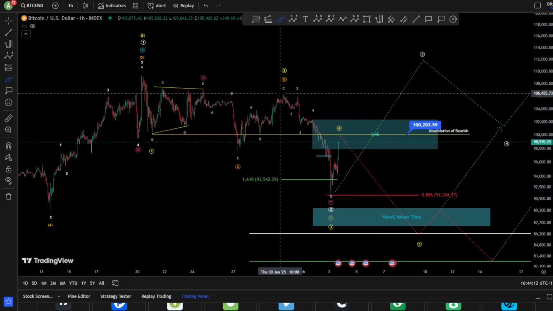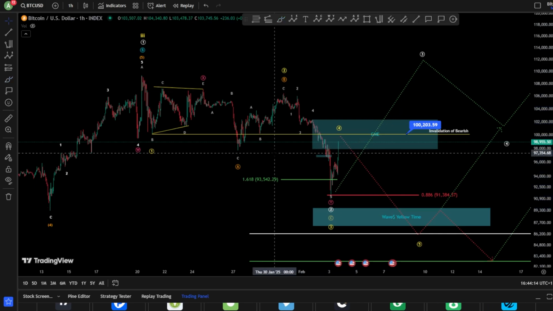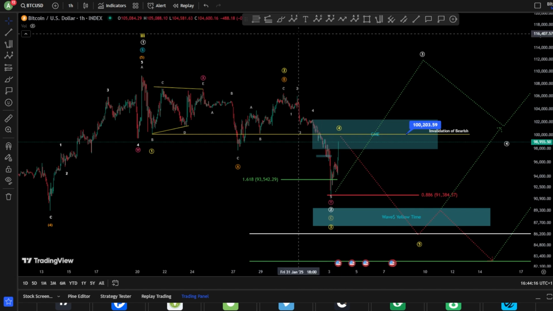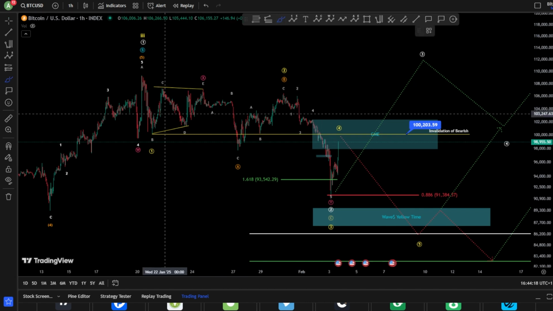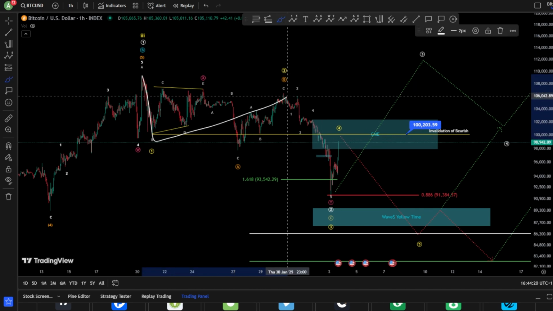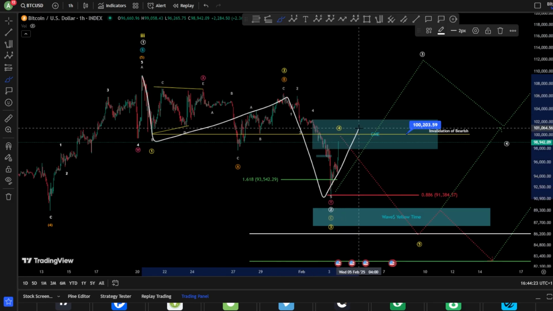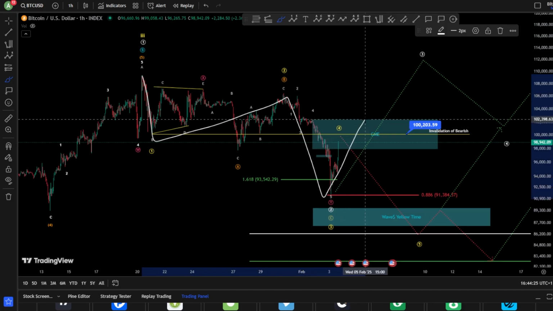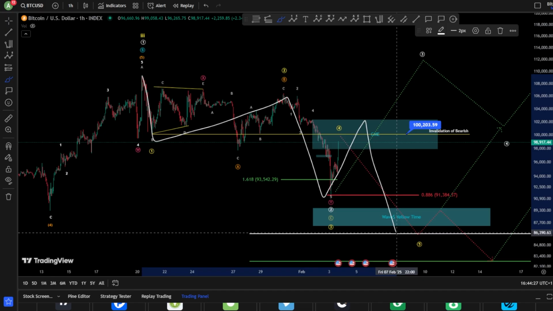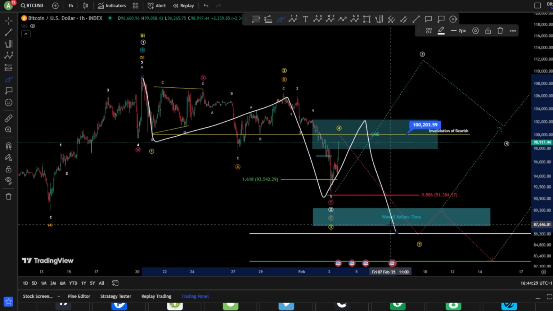Okay, one second. Oh, new scenario. How didn't I see it. Okay, now I saw. If this is a 1, 2, then this can also be 1, 2, guys, finishing the CME gap and then moving lower.